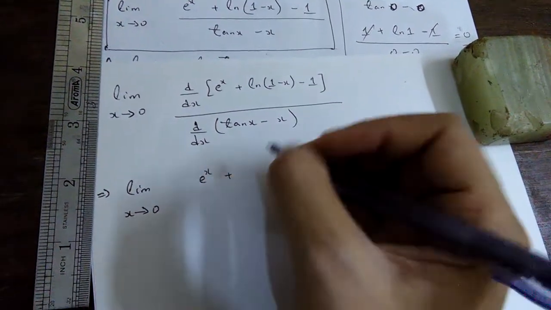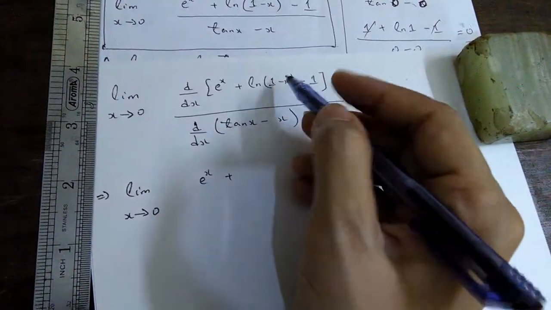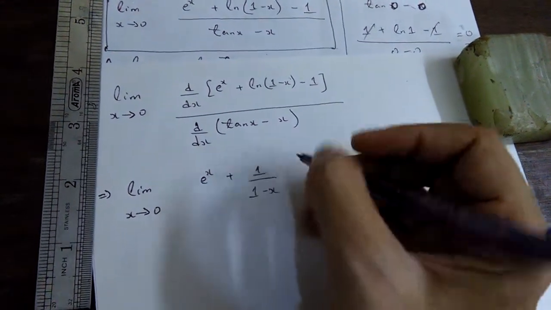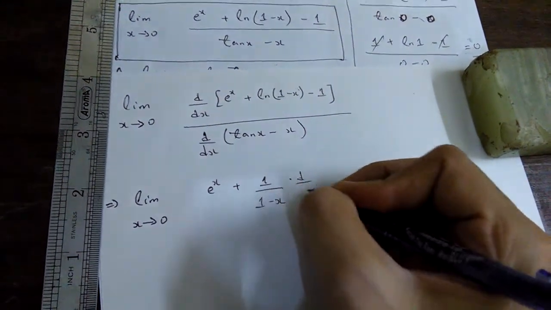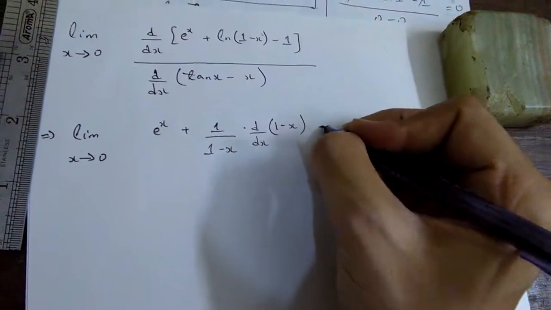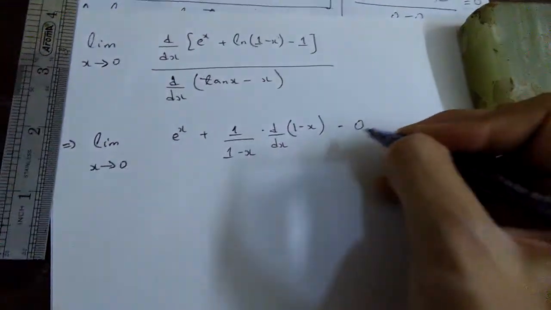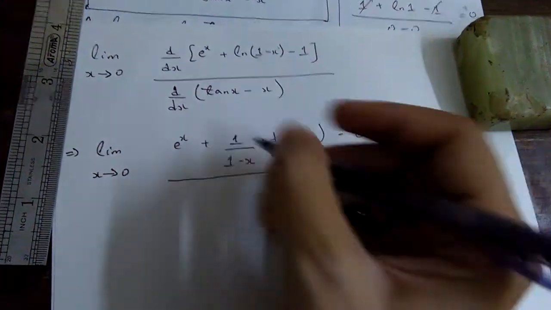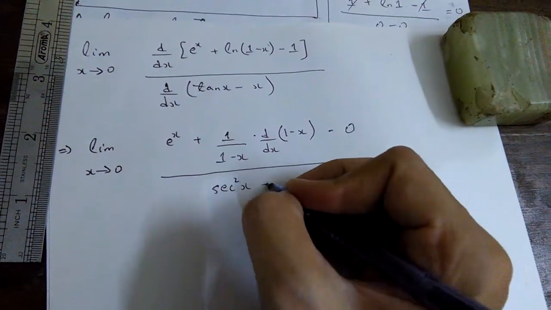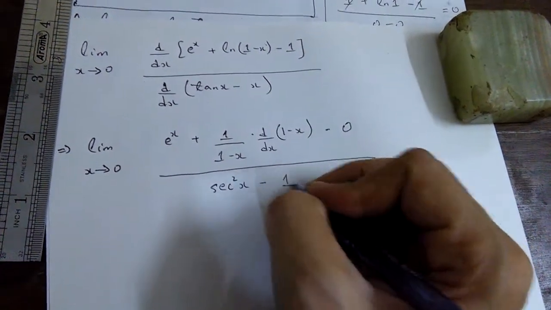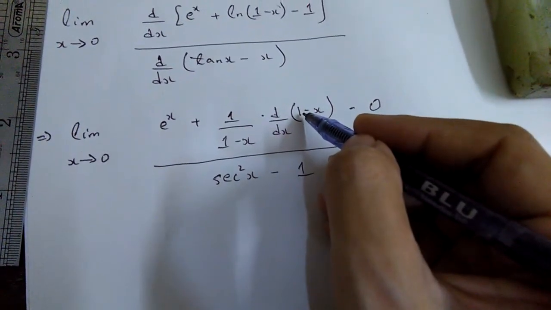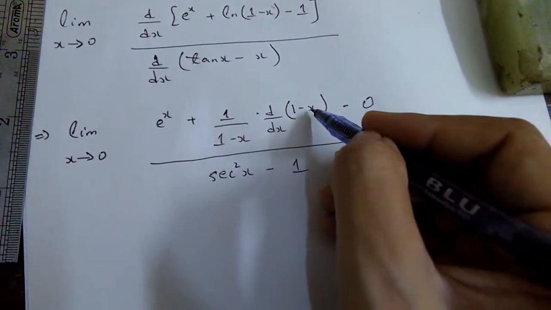Derivative of ln of 1 minus x is 1 upon 1 minus x, and then you apply the chain rule on this 1 minus x, minus 1. Minus derivative of 1 is 0. Derivative of tangent x is secant square x, minus derivative of x is 1.